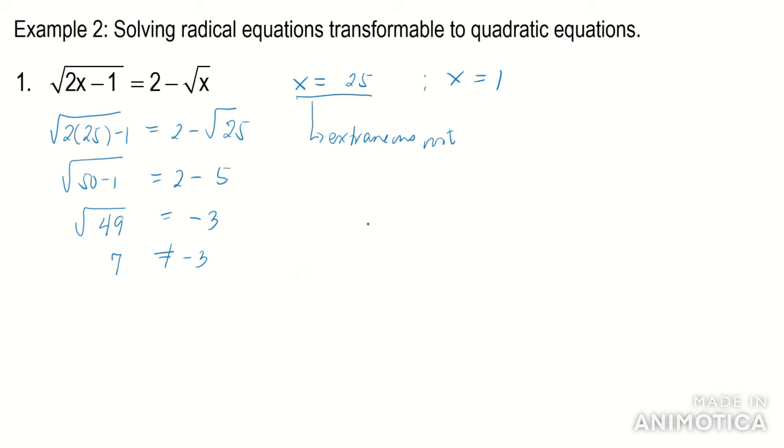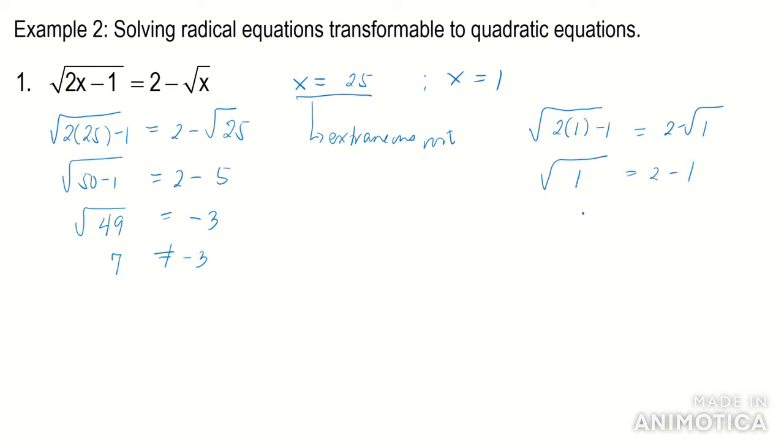How about if we have x equals 1? So we have here, let's write it here, x is equal to 1. 2 times x, which is 1, minus 1 is equal to 2 minus square root of 1. So we have square root of 2 times 1 minus 1, which is 2 minus 1, is equal to 1. You have 2 minus square root of 1.